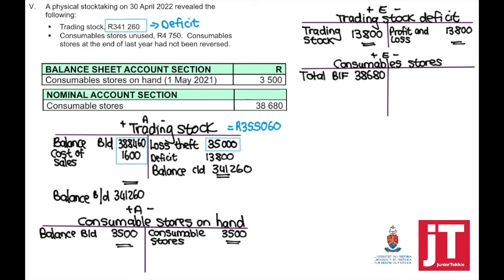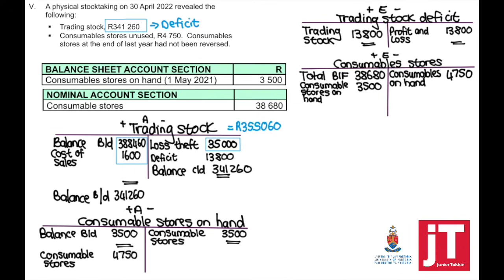To reverse that, we will need to credit the account and debit consumable stores. At the end of this accounting period, consumable stores unused 4,750. Whatever is left over is subtracted from the expense account, consumable stores, and taken to consumable stores on hand.